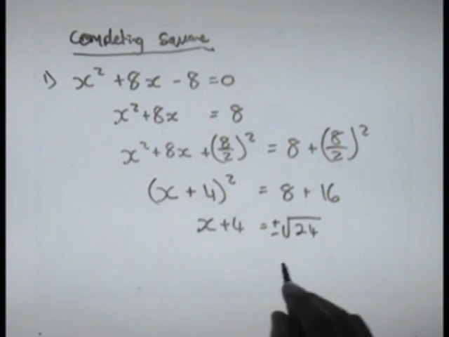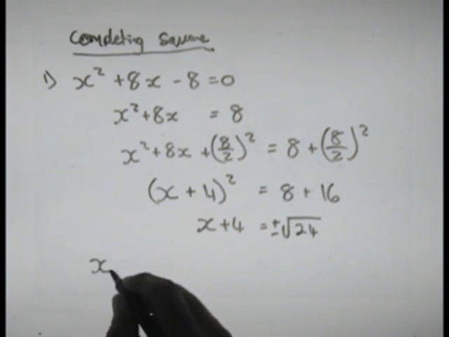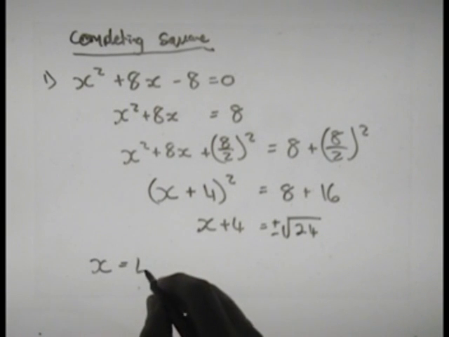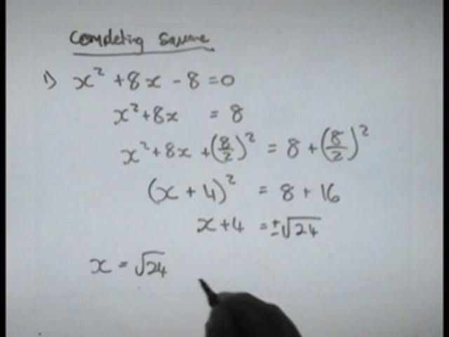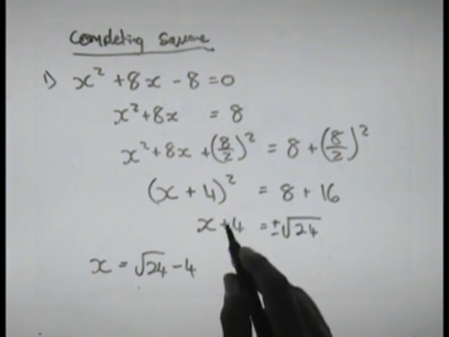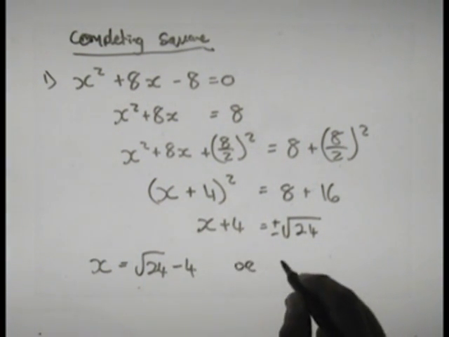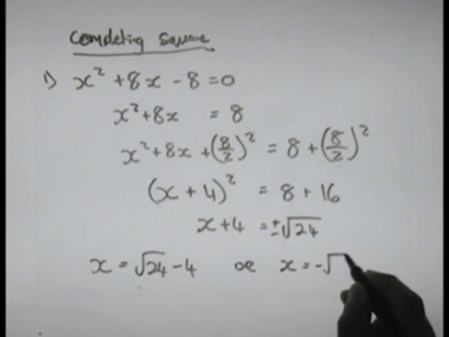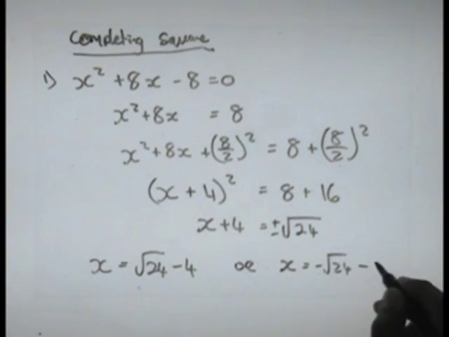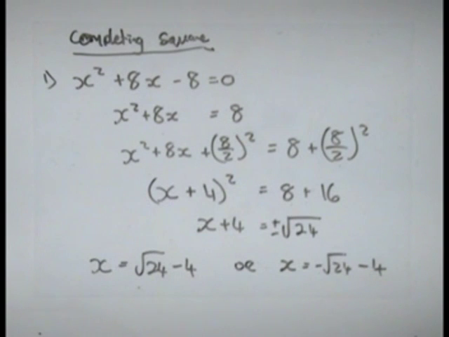That means that our two possible options are x is equal to positive root 24 minus 4, taking that across, or x is equal to negative root 24 minus 4. Those are our two options. You can simplify it further with the calculator if you want to. I'm just concerned that you got to this point. Beyond that is up to you.